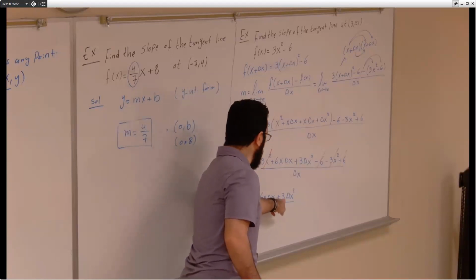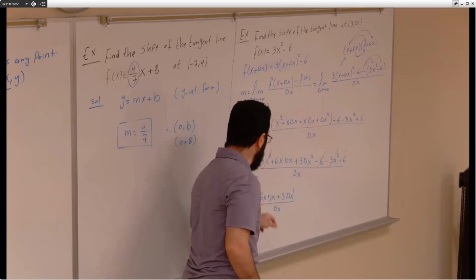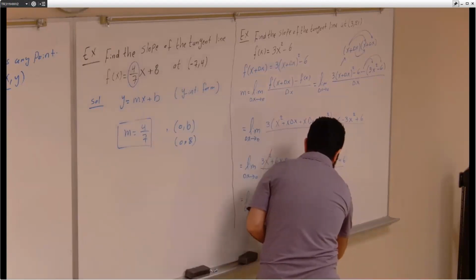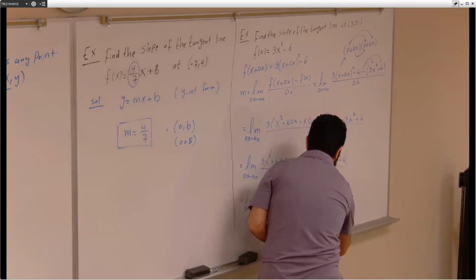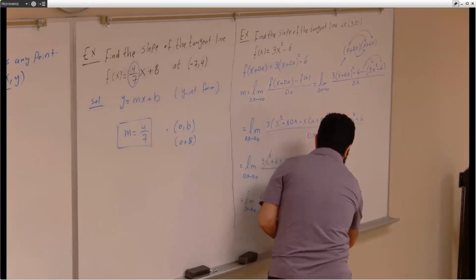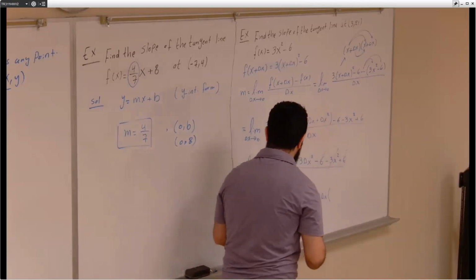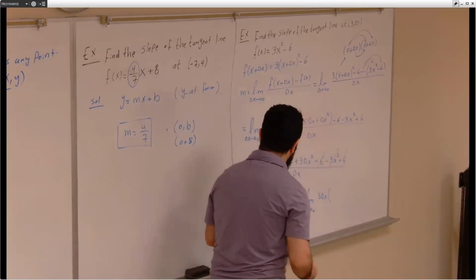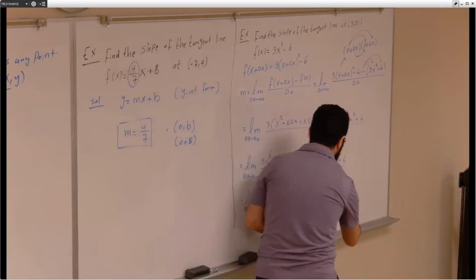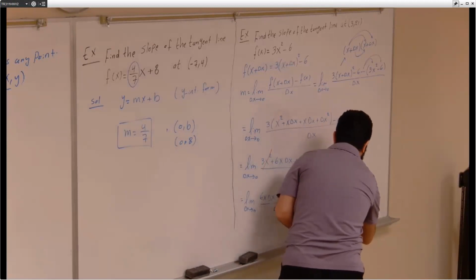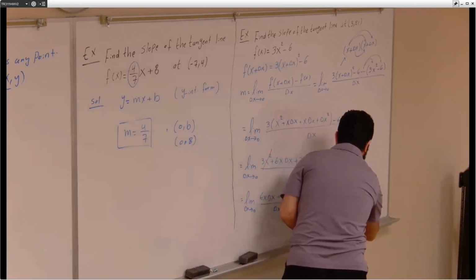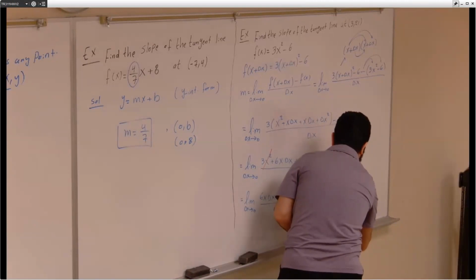So I'm going to take 3 delta x. Let's do that. It's fine. So the limit when delta x approaches 0, 3 delta x. So from this side is going to be 2x plus delta x. Everything divided by delta x.